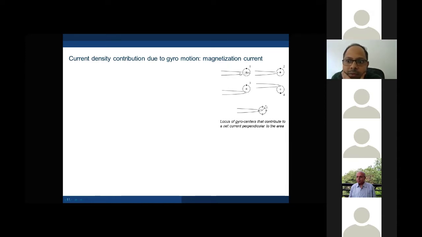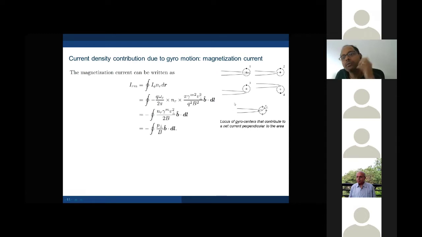This means that when you are within an area, the effective current density perpendicular to the area is 0, but when you are at the edge of the area, the particle pierces once, but then goes outside. So there is a net current when you take a finite area due to this edge effect. One can compute the current density contribution due to this magnetization current, and that comes out to be something of this sort.